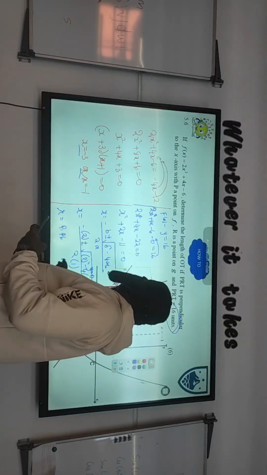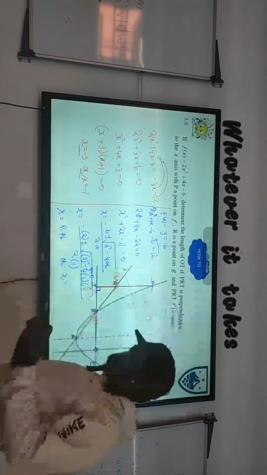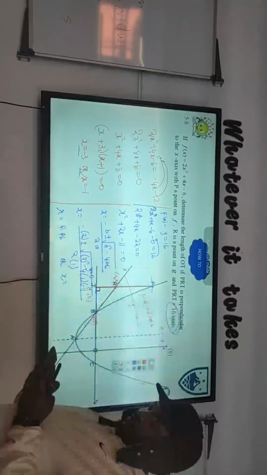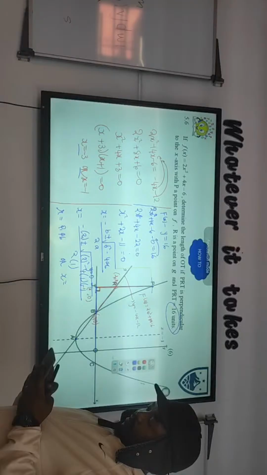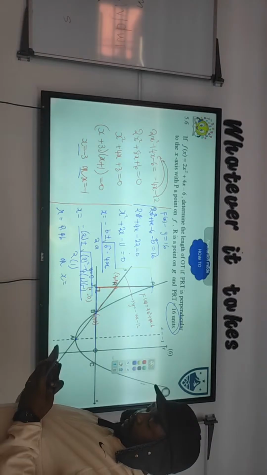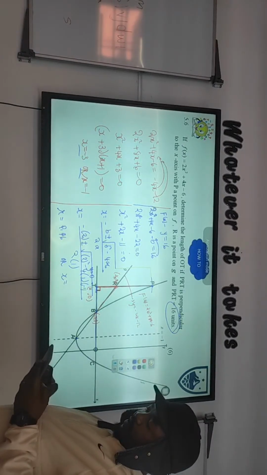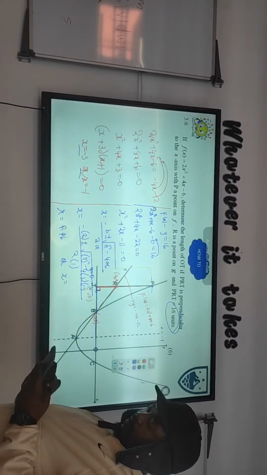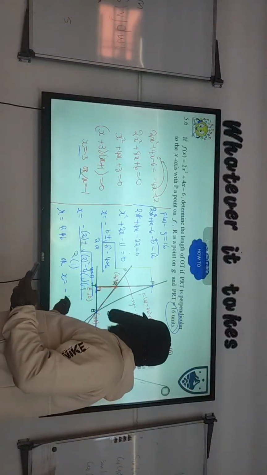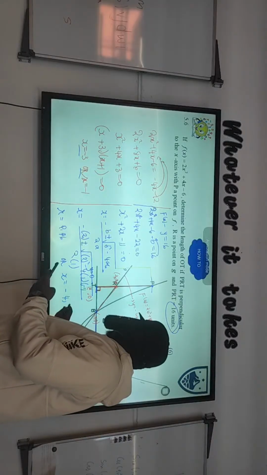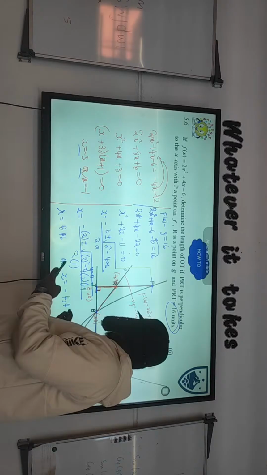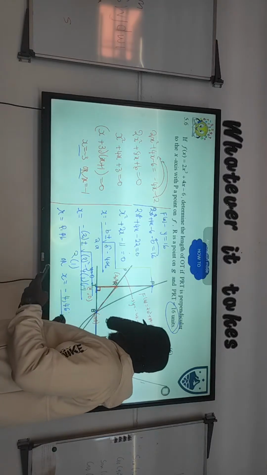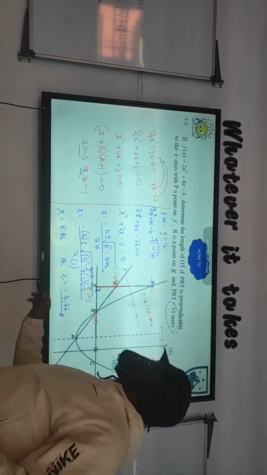And the other x is negative 4.46. Good. You cannot pick the one that is positive here.